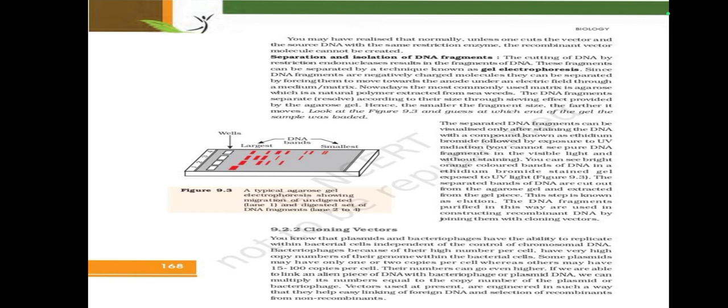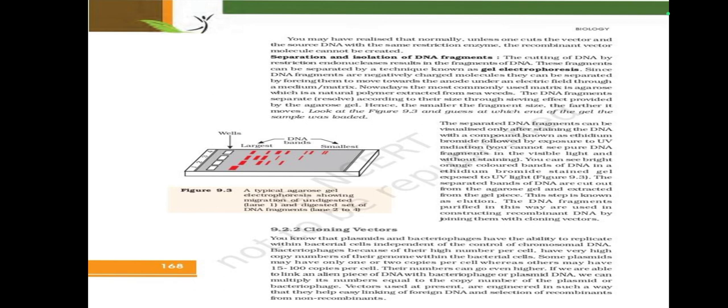In cloning vectors, you know that plasmids and bacteriophages have the ability to replicate within bacterial cells independent of the control of chromosomal DNA. Bacteriophages, because of their high number per cell, have very high copy numbers of their genome within the bacterial cell.